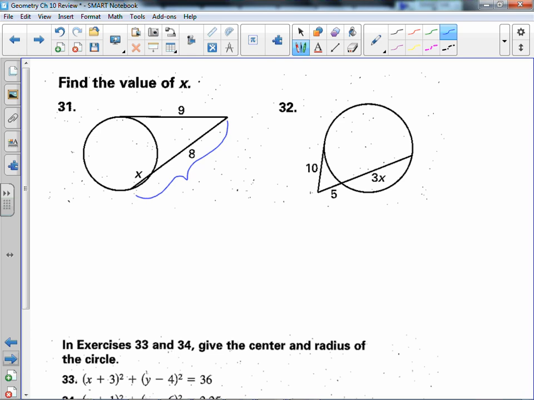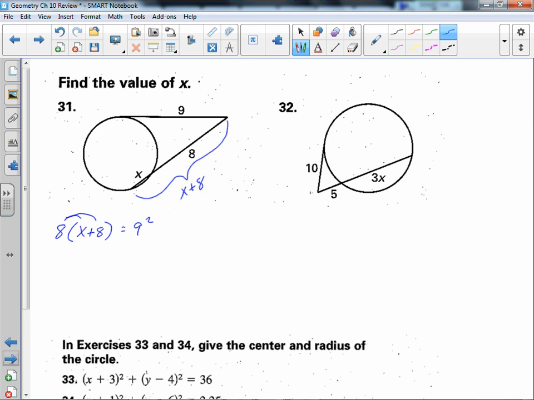So the entire secant segment here is going to be x plus 8. So it's the exterior secant segment, which is the 8 portion, the part that's outside the circle, times the entire secant segment, x plus 8, has to equal the tangent segment squared. So we have 8 times x plus 8 equals 9 squared.